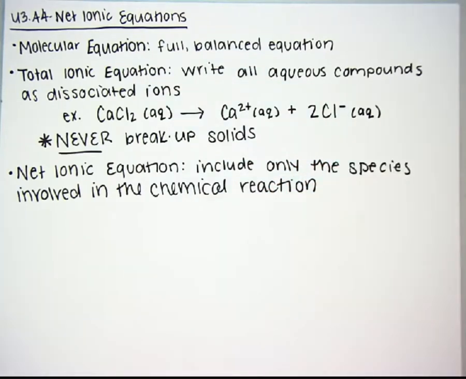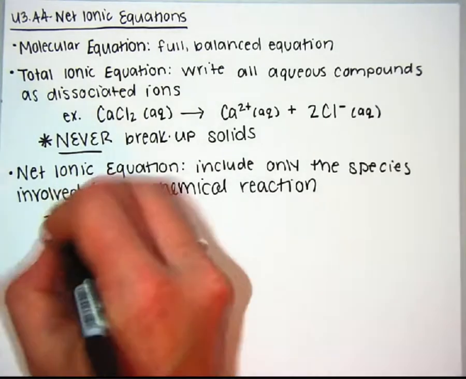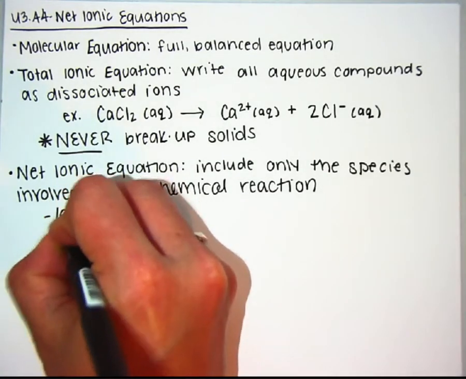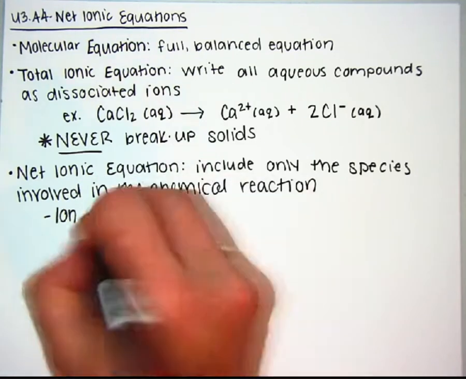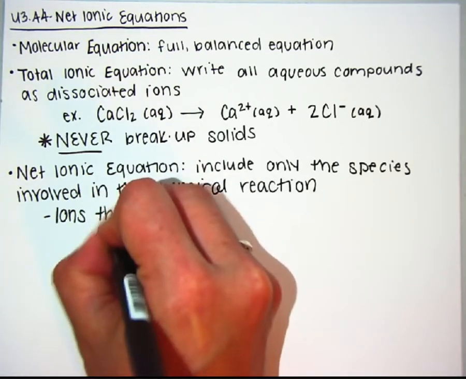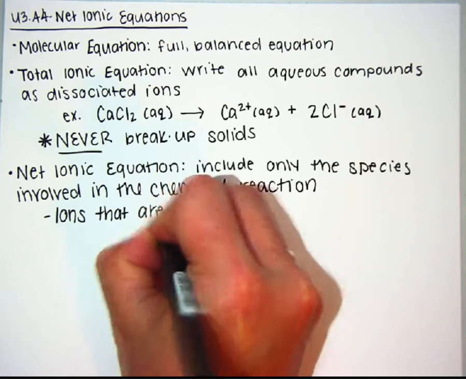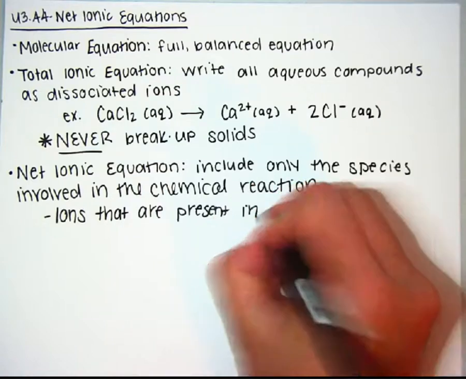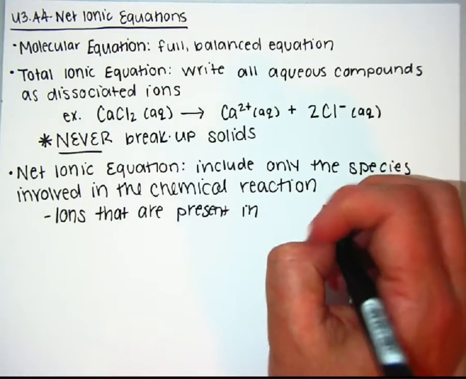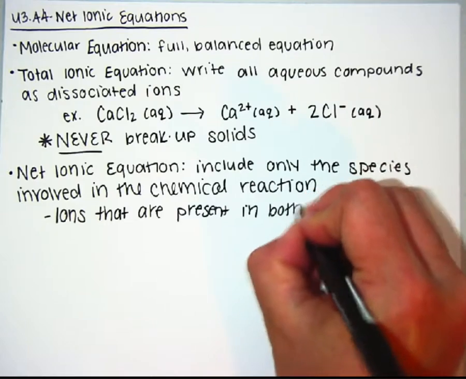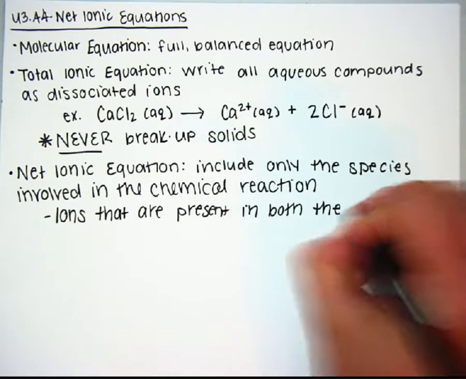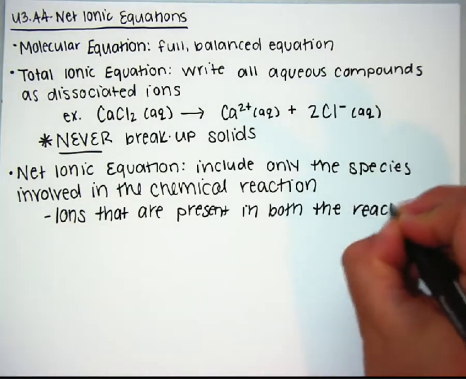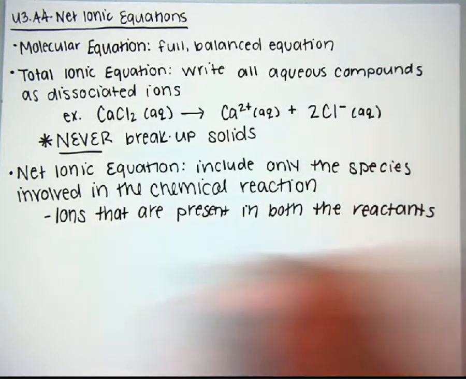So just because an ion is in the reaction doesn't mean it actually participates in the reaction. We have some ions that we call spectator ions. The way you're going to identify spectator ions is they are the ions that are present in both the reactants and products.